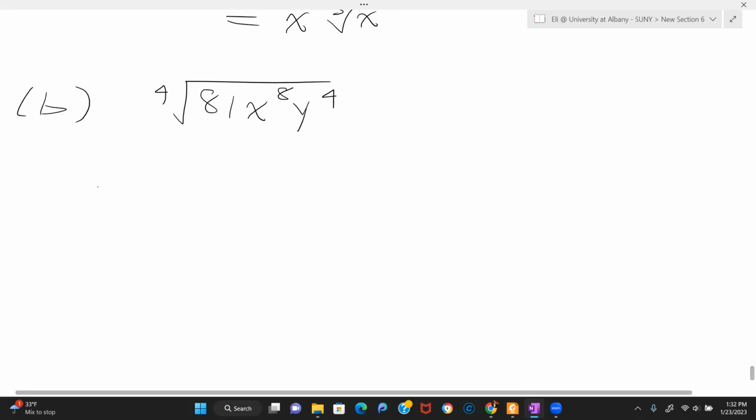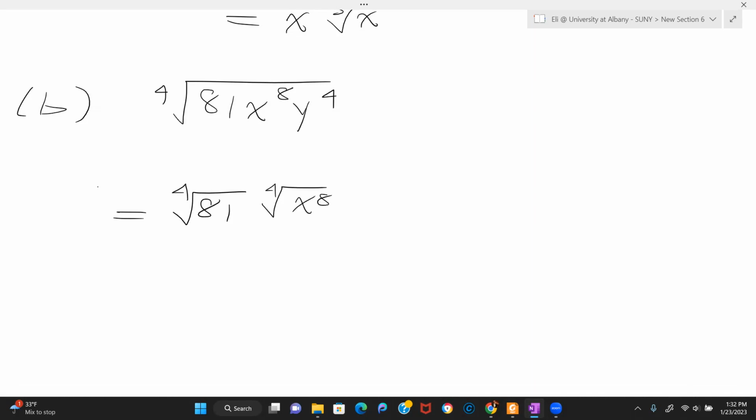Again, I have a product, in this case it's three numbers, but as long as there's a finite number of terms in the product, I can distribute that fourth root, or more generally the nth root, over all three numbers. So this is going to be equal to the fourth root of 81 times the fourth root of x to the eighth times the fourth root of y to the fourth.